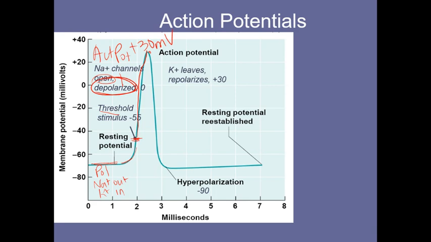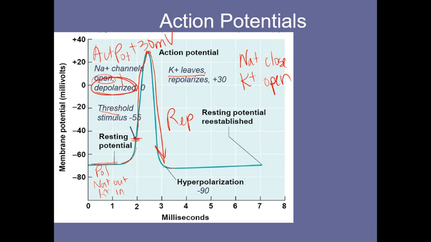It hits 30. Quickly, my sodium channels close and my potassium channels open. Potassium then leaves the cell and goes outside when we reach that 30. And boom, it starts to repolarize very quickly.